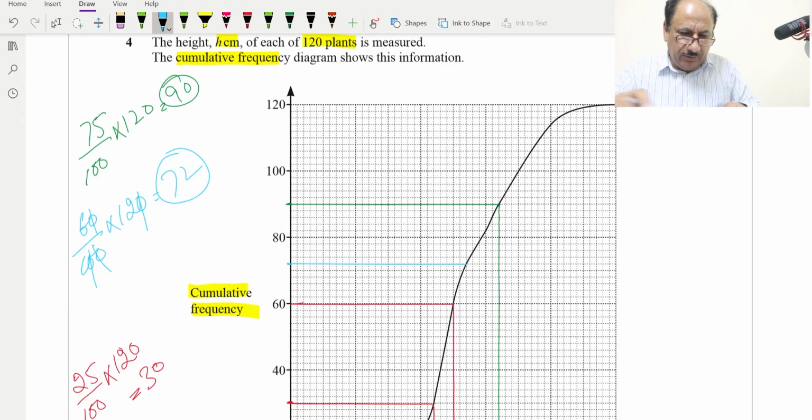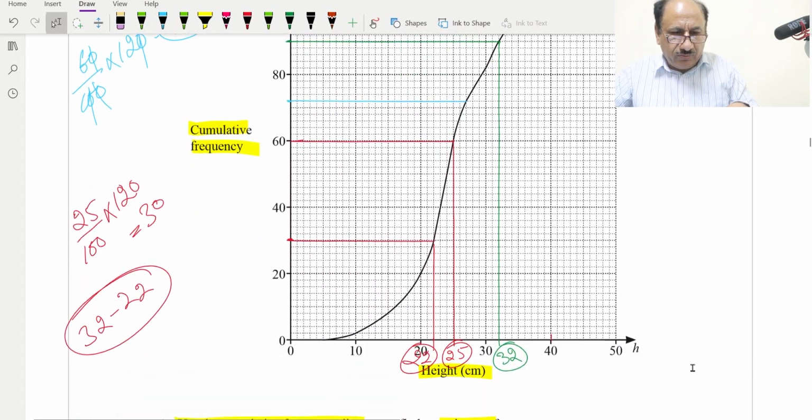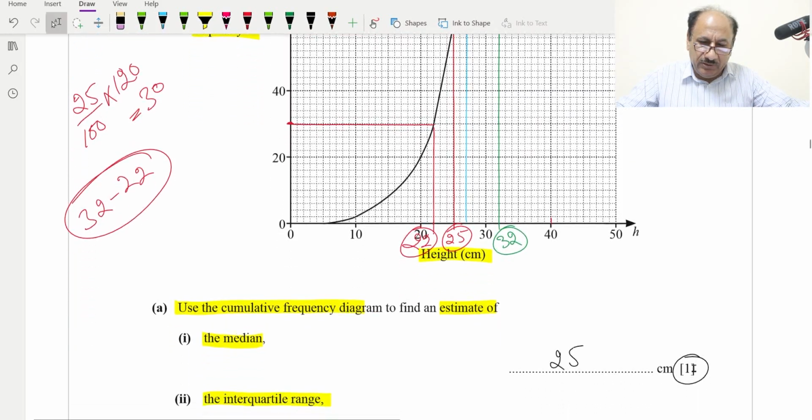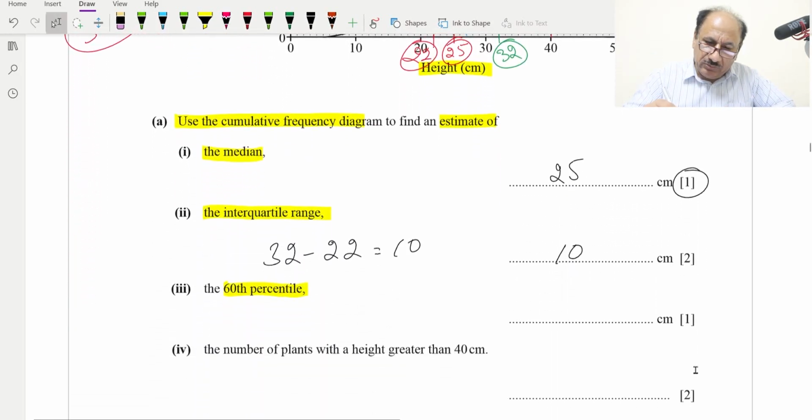Now we check the reference from this side, and this is basically 25 at this red line, then 26, 27. So 27 is the answer for the 60th percentile.